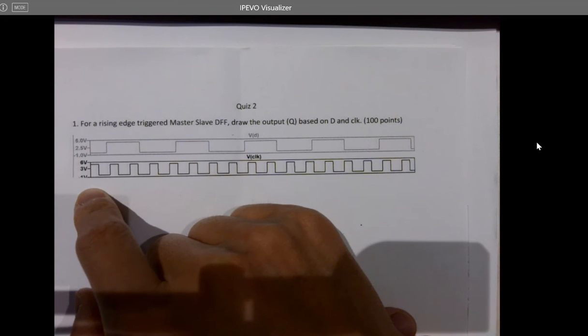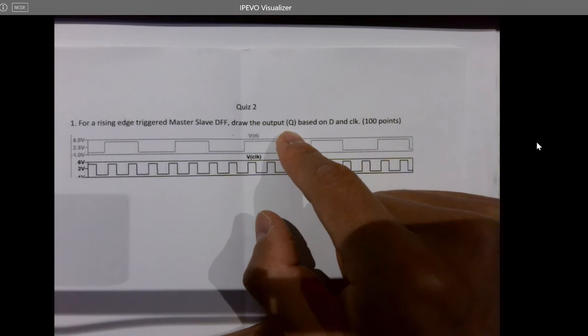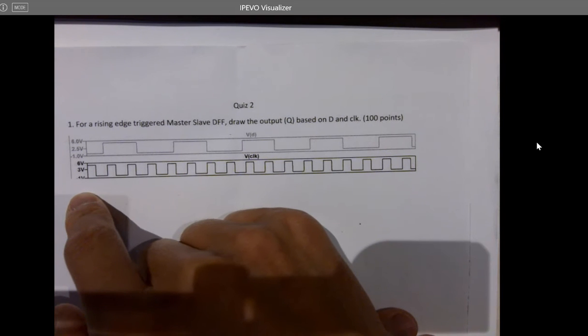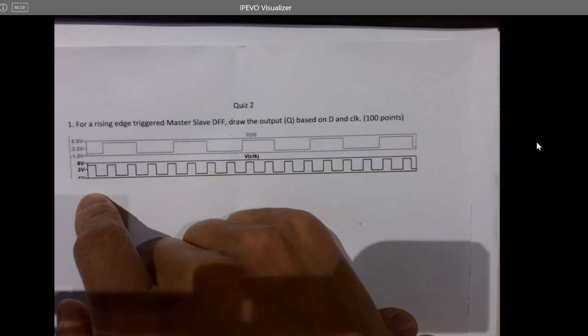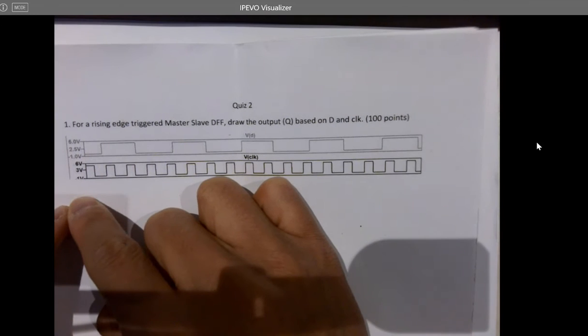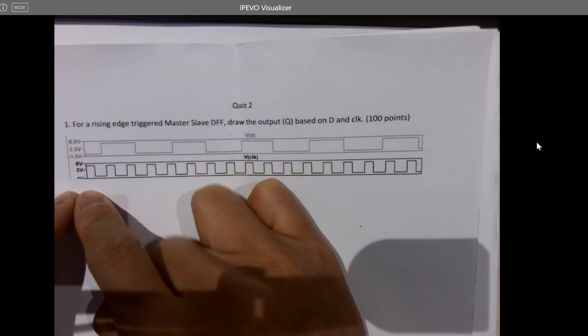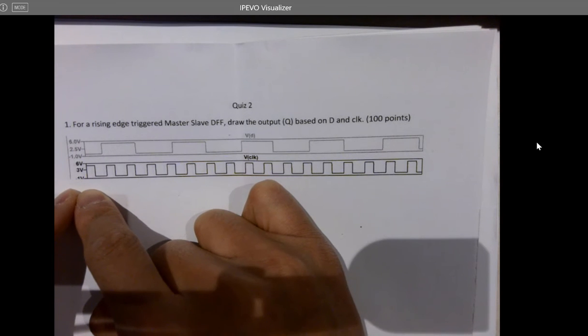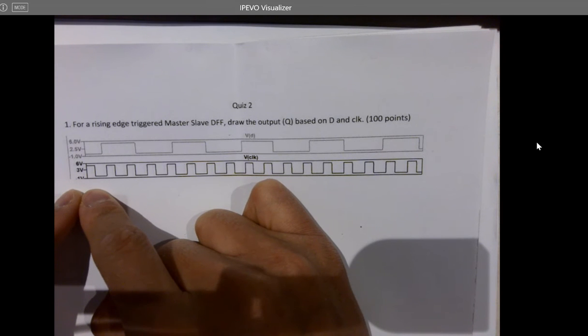You can assume the initial value, since you are being asked to draw the signal at Q. So if you assume the initial value for Q is 0, which is fine, then it's rising edge triggered. So for example, you start drawing that. Q started with 0 and lasts for a while.